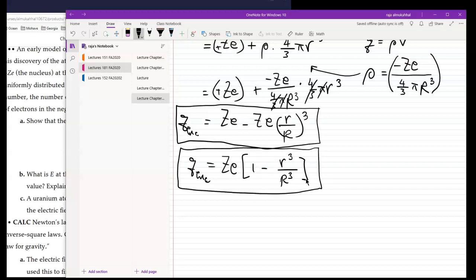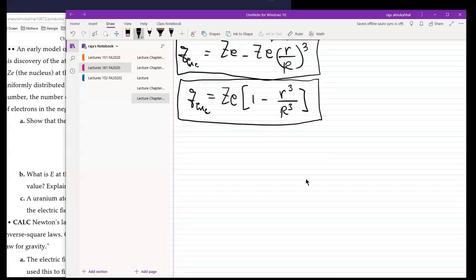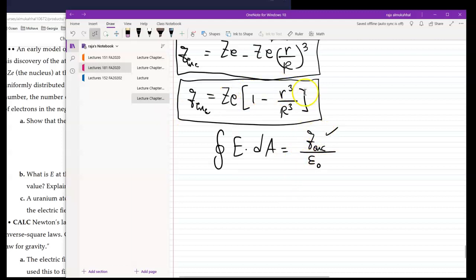Okay. All right. Now, let's go to Gauss's law. I have an expression for the charge enclosed. I'll put that epsilon here.